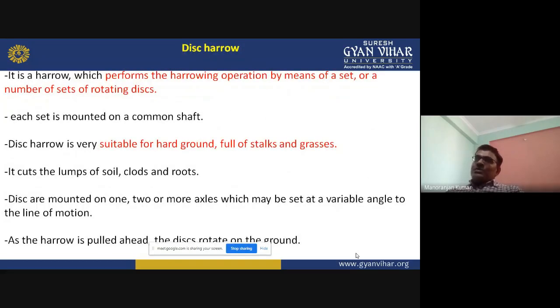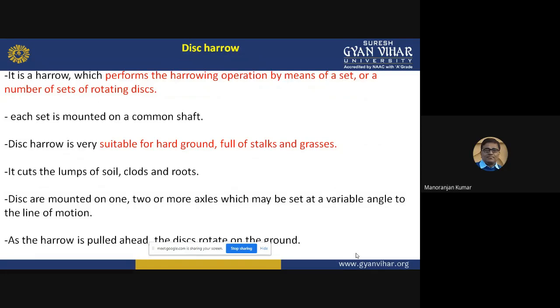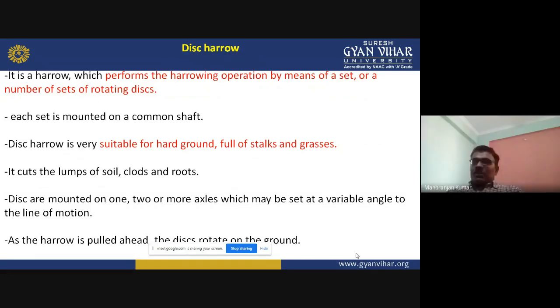Disc harrow means in this type of harrow, discs will be there. So discs are used to cut the soil. It is a harrow which performs the harrowing operation by means of a set or a number of sets of rotating discs. In this type of harrow, a number of discs are attached on a common shaft.